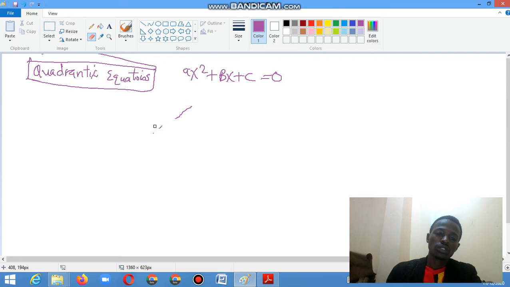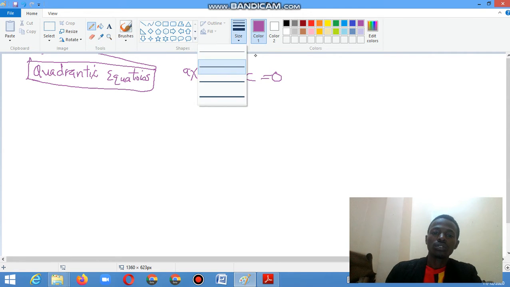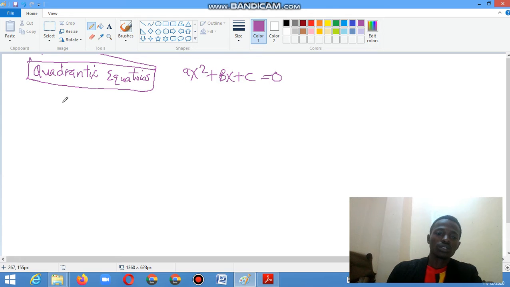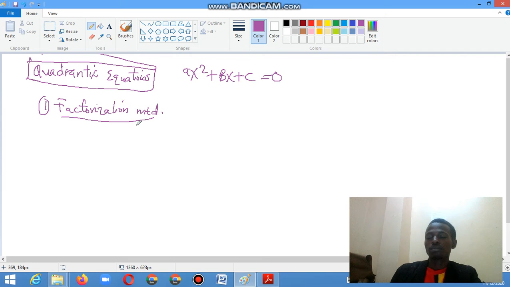For factorization, you just have to find the factors. Then after finding the factors, that's all actually. So one method is the factorization method, where we use factors.